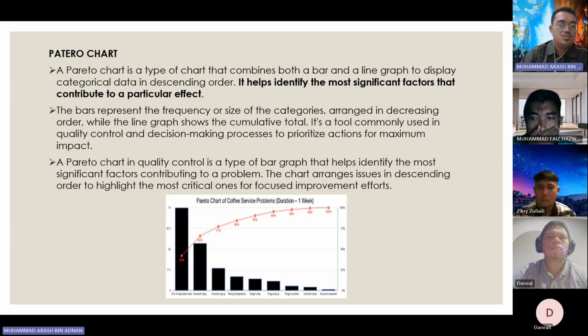It's a tool commonly used in quality control and decision-making processes to prioritize actions for maximum impact. A Pareto chart in quality control is a type of bar graph that helps identify the most significant factors contributing to a problem. The chart arranges issues in descending order to highlight the most critical ones for focused improvement efforts.